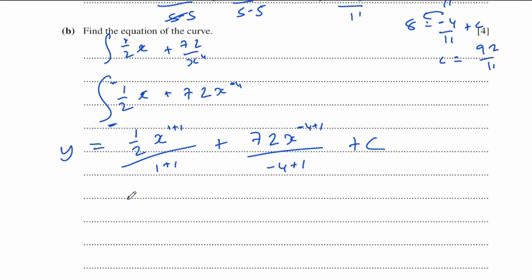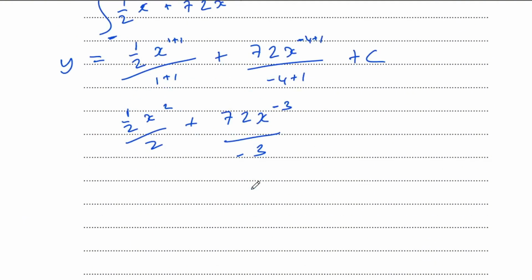This will just become half x squared over 2 plus 72 x to the power negative 3 over negative 3. And then this becomes 1 over 4 x squared minus 72 over 3 is just 24, so minus 24 x to the power negative 3 plus c.